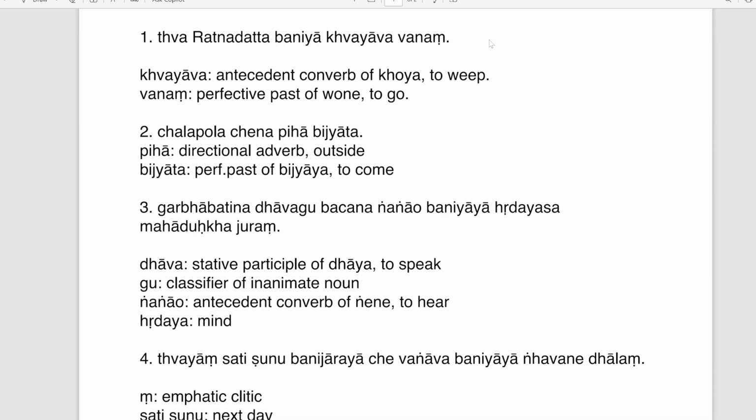Literally, having cried, having wept, he went. So he cried and went. Or sometimes we can also translate antecedent converb as when he cried, he went. But in this context, it's not working very well.